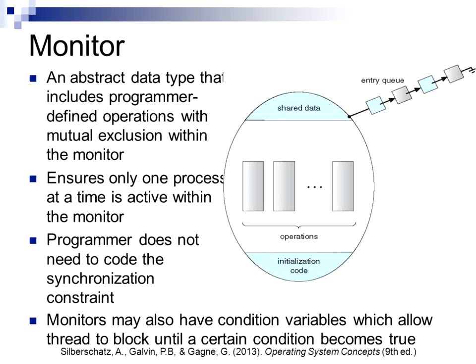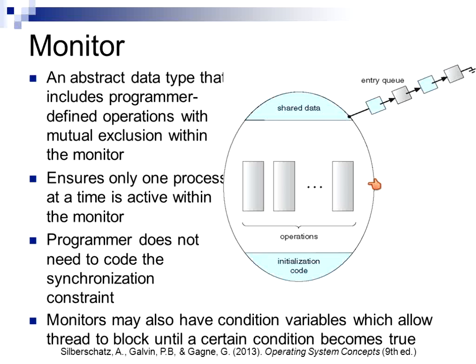Another option is a monitor, and this is kind of a similar idea in that you have all the operations that are critical, and you have your shared data, and the monitor is a way to ensure mutual exclusion of the operations and data within the monitor.